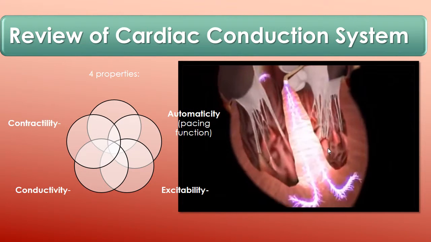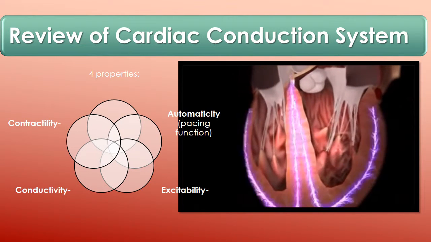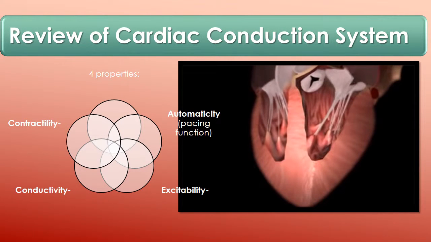Think of conditions such as electrolyte imbalances. Think of things like hypoxia, drug toxicity, or cell death. Some cardiac muscles will independently create and produce an automatic impulse, but it will be registered as a dysrhythmia.